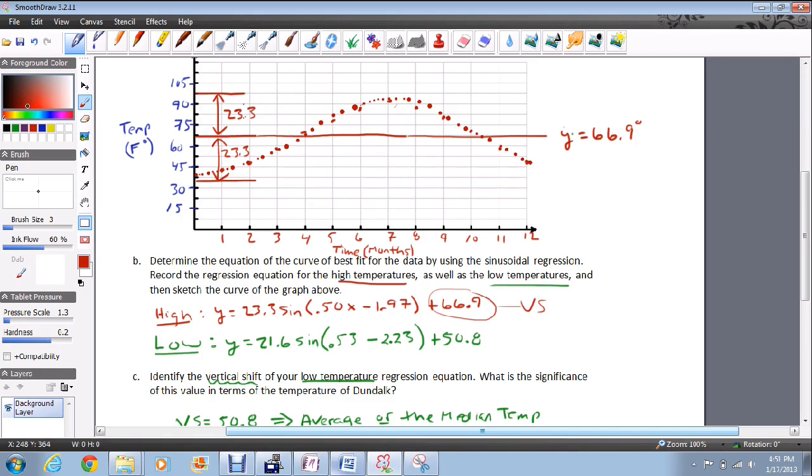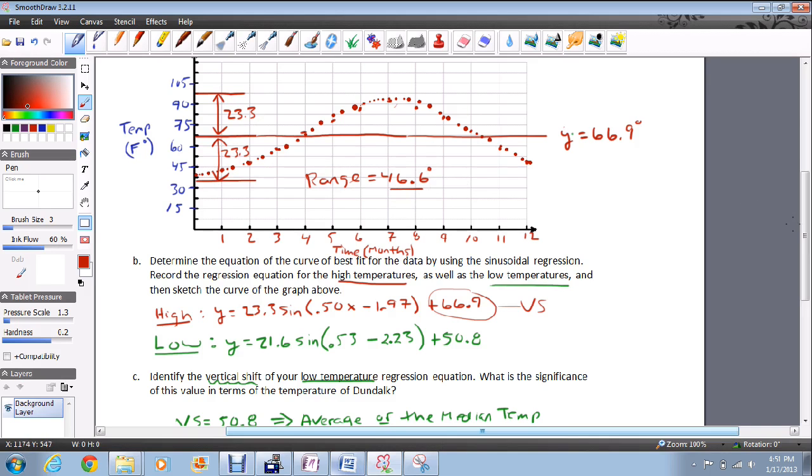If I take 23.3 and add it to 23.3, you get a range value of 46.6 degrees. So we know the range just means to subtract the lowest from the highest. This is just another way of figuring out the range by multiplying the amplitude by 2, or adding these two values together.